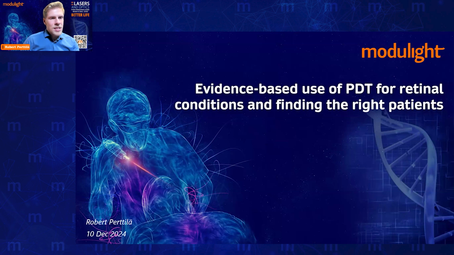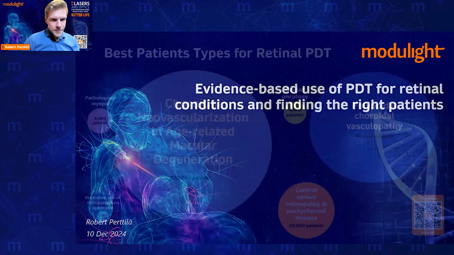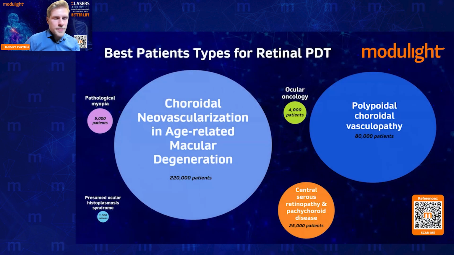On this slide, you can see the main indications where PDT is useful. These indications are circled in different sized circles, which indicate our estimation of the number of patients in the USA in each indication who benefit from PDT.